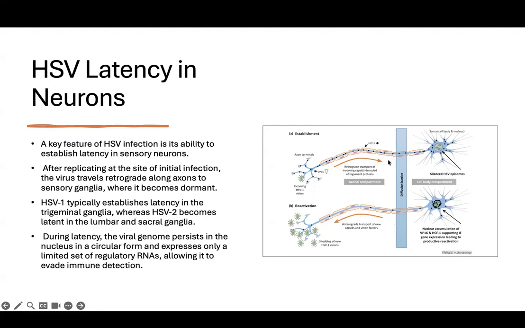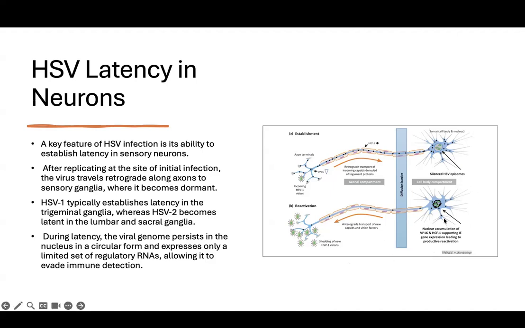This transport from the axon towards the body of a neuron is called retrograde transport. So it's literally moving towards the nucleus. And of course, it then establishes latency there. It goes there, it puts its genome, and it doesn't do anything. No viral replication, everything is shut.